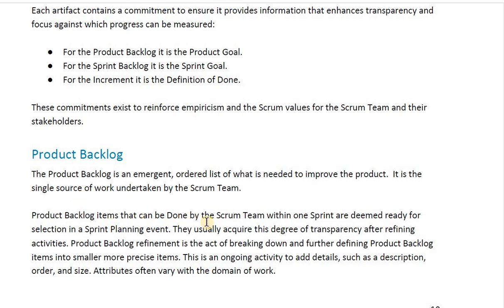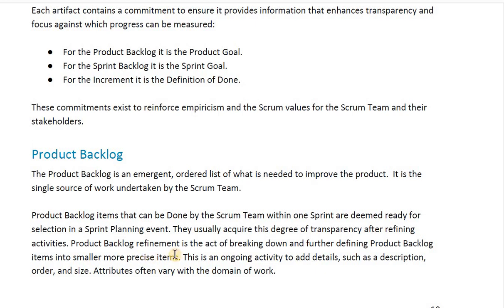Product backlog items that can be done by the Scrum team within one sprint are deemed ready for selection in the sprint planning event. They usually acquire this degree of transparency after refining activity. Product backlog refinement is the act of breaking down and further defining product backlog items into smaller, more precise items.